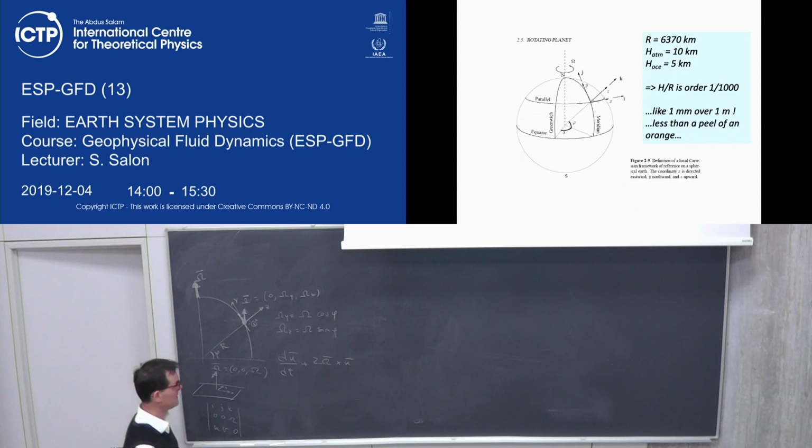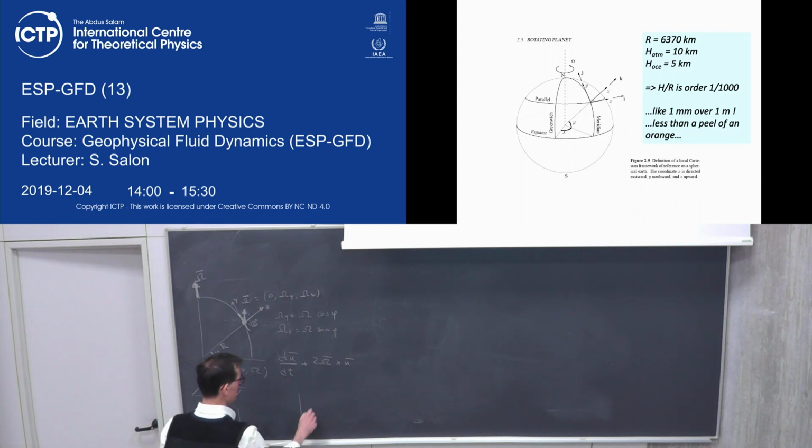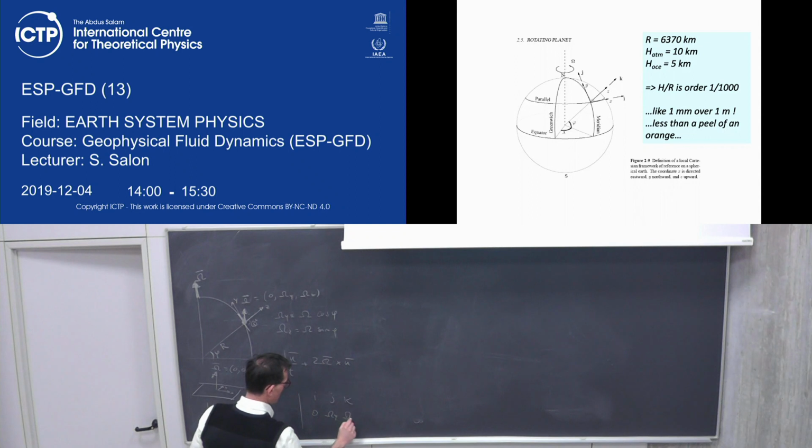Now we have i, j, k, then we have 0, omega y, omega z, and then we have the full 3-dimensional velocity components.